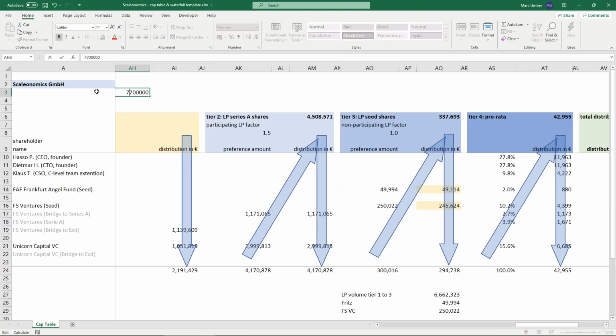As we move up, we see how the amount that is distributed on the tier 3 gets offset with the amount distributed on the pro rata, and the sum is always equal to the preference amount. With 8.7 million, we're almost at the tipping point where all the euros have been offset for Fritz Müller.